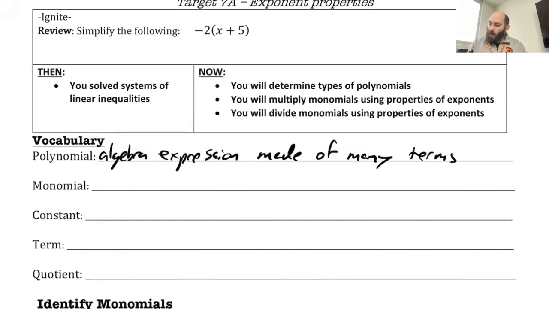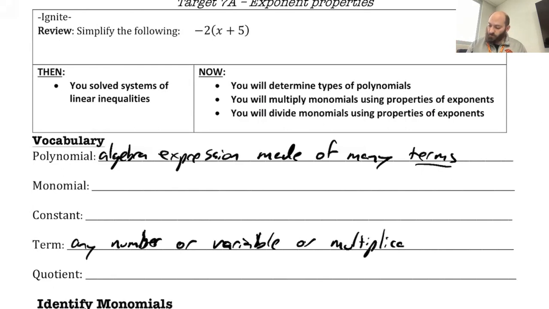Okay. Let's jump around. We're going to go to terms now because that's part of that definition. Let's define that. So a term is any number or variable or multiplication of numbers and variables. Okay, so a term would be something like this. 3x is a term.